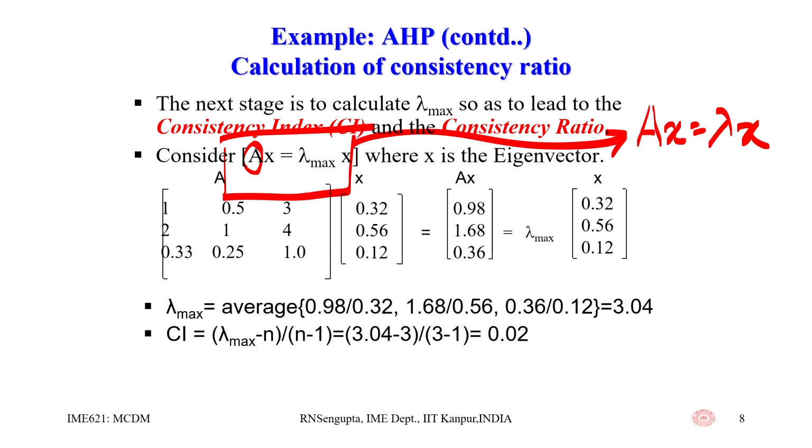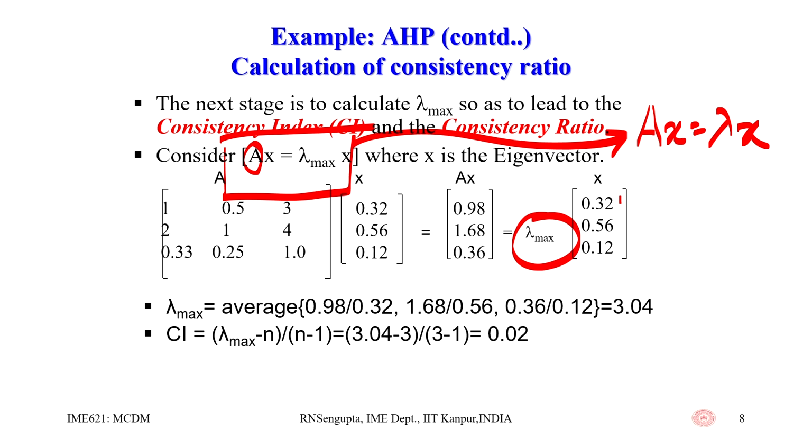Based on that, we find out the value of the lambda max. So, what we do is Ax equals lambda max times x. These values of Ax are already found out based on the average values of x we have found out along the rows, and based on that lambda max is found out as the average. So, the averages are given.